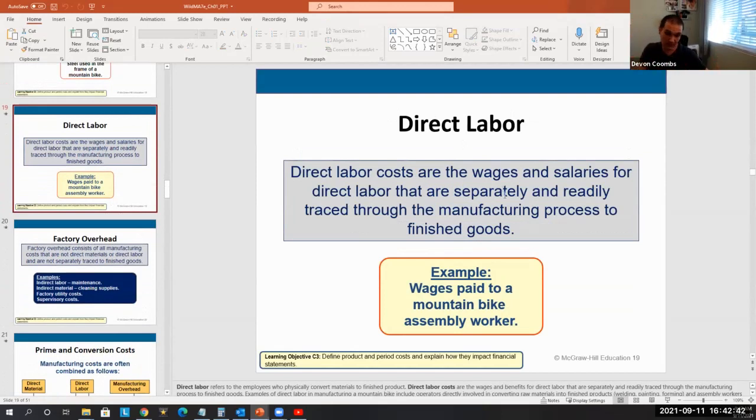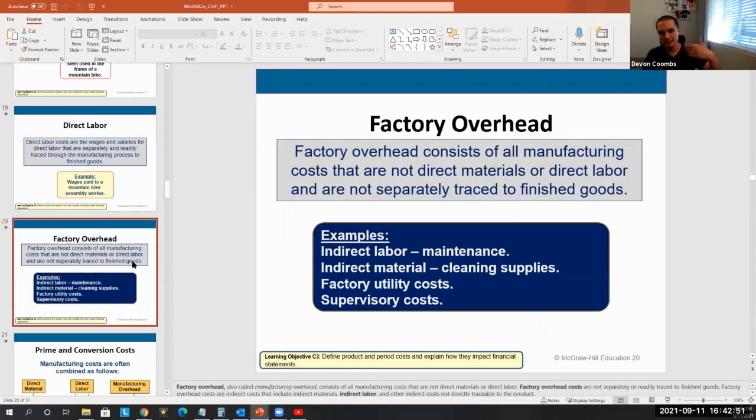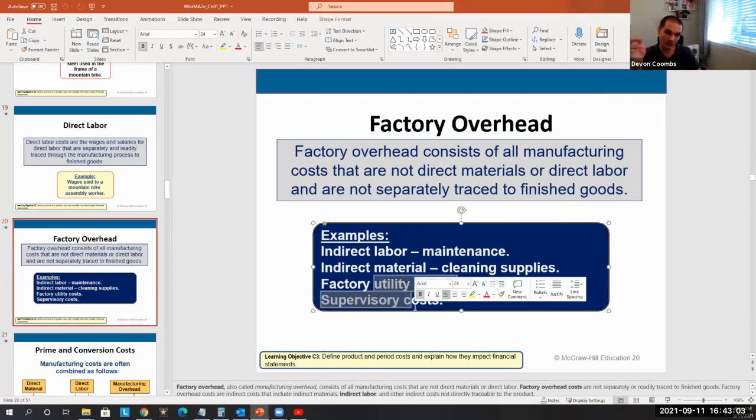So if I'm building the bike, that's direct labor. If there's an accountant then checking how many bikes were built, that's not direct labor. That's a period cost. And then factory overhead, which is what we talked about: our lease expense, our maintenance, our cleaning supplies. If we have a manager overseeing a bunch of people making bikes, like supervision costs.